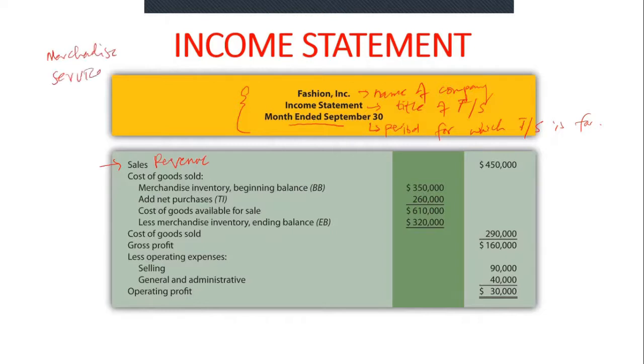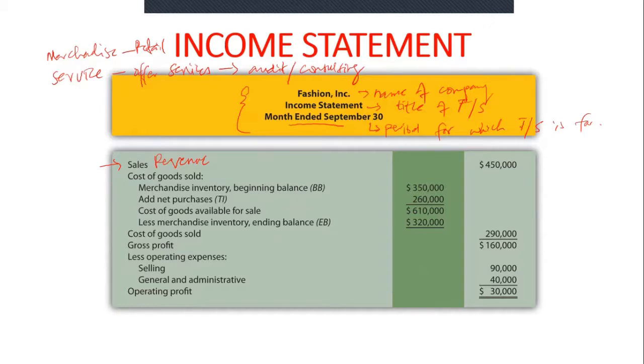Merchandise companies are general retail operations, and service companies offer services, for example audit, which is provided by the Big Four, or consulting, for which we have the Big Three: McKinsey, BCG, Bain. So these are service companies, all right?